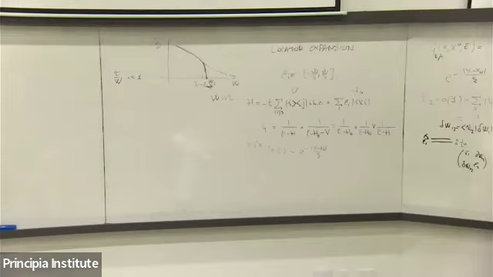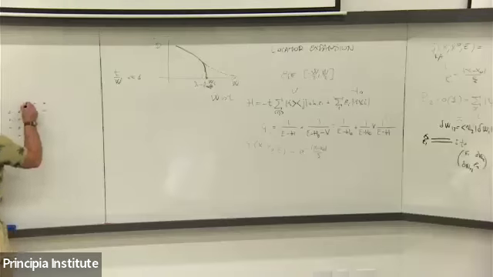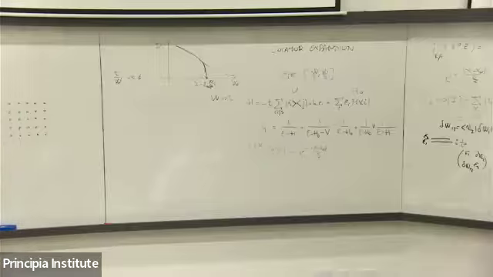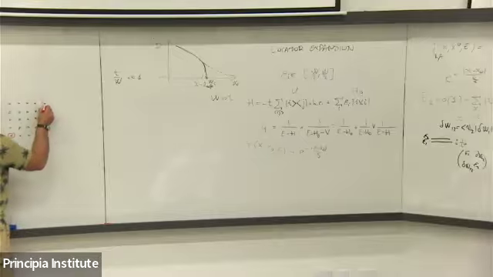Okay, so now the idea is that I have a lattice. Actually, on the blackboard I have a nice lattice, so I'm going to use this. And I want to compute the propagator to go from this point to this point.